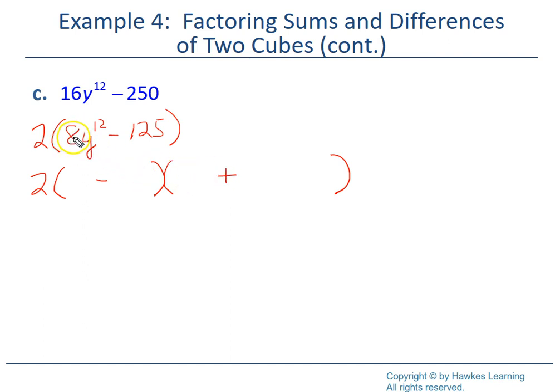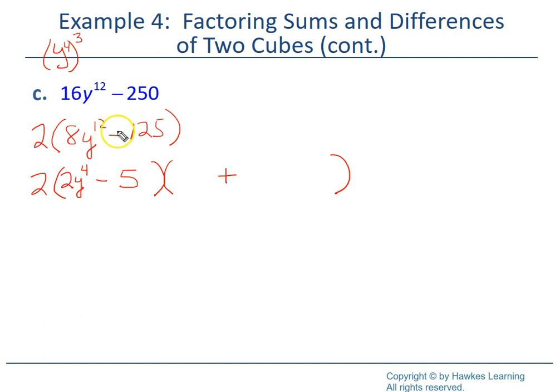Now the cube root of 8 is 2. And divide this by 3. This gives you y to the 4th. Because if we had y to the 4th raised to the 3rd power, that gives you the 12. And the cube root of 125 is 5.